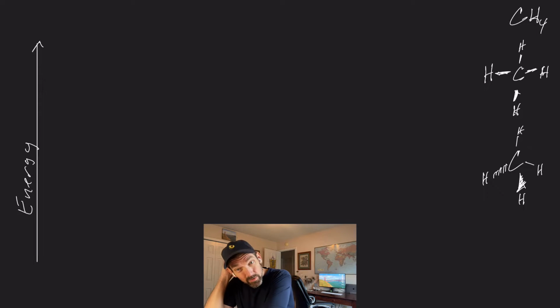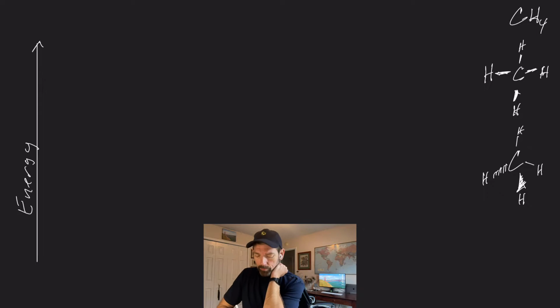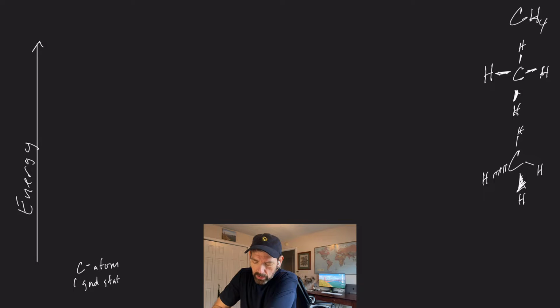We already know this. So if we take a look at carbon in its ground state, and we said ground state is where the atom is not energized, right? So let's take a look at a carbon atom in the ground state.